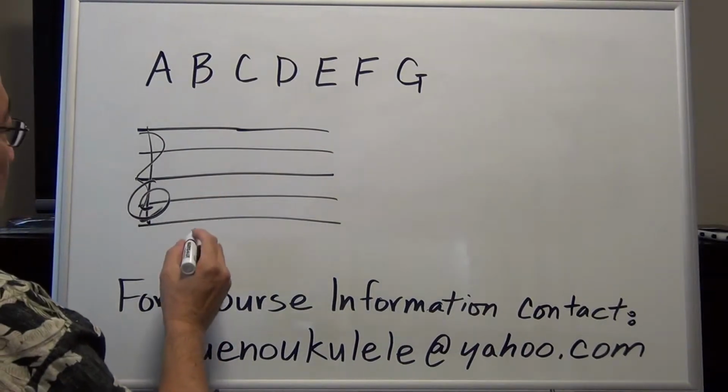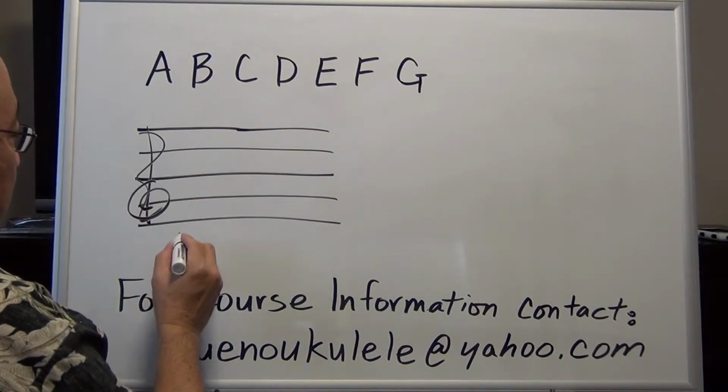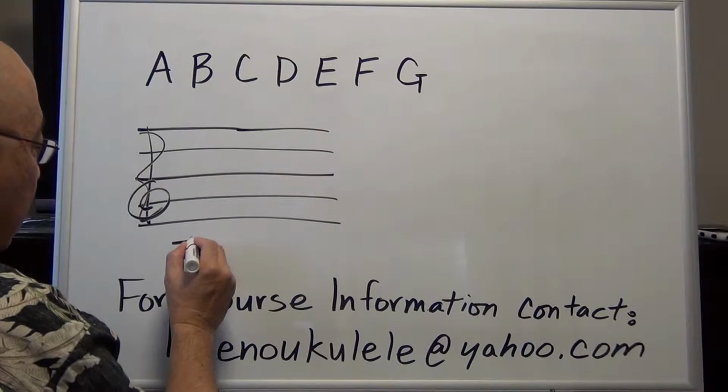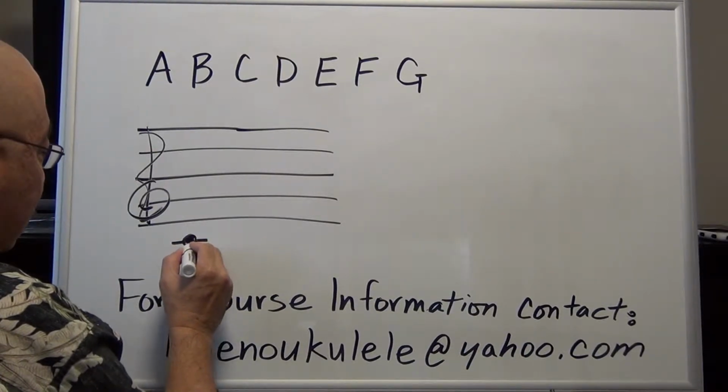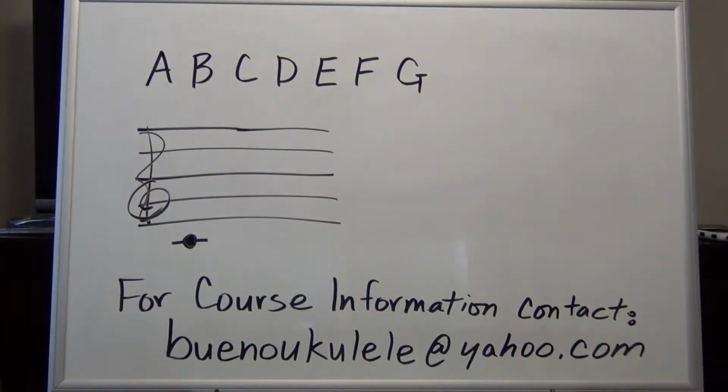Okay, so let's say we take it from here. You probably recognize that if you've been listening to the previous tutorial that talked about that being the C note, which is one of the notes on your ukulele open strings, and you should be memorizing.